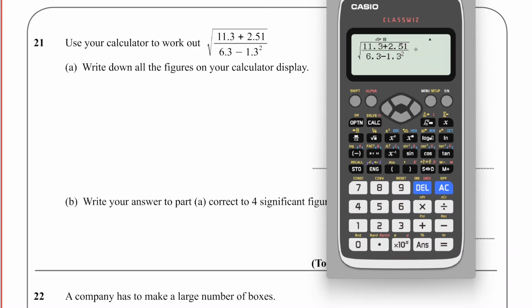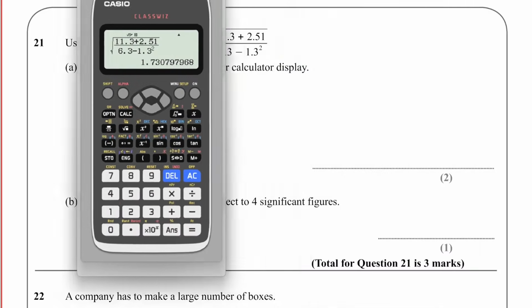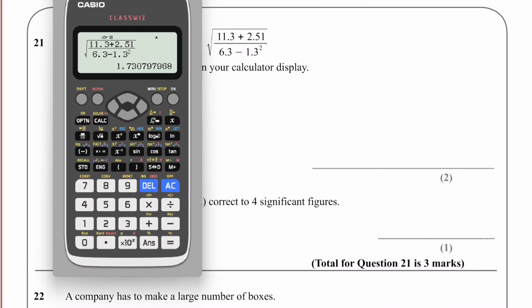And the 1.3 is squared, not all of it. So it looks exactly the same. And we just press equals and we get our answer. So 1.73079 7968.